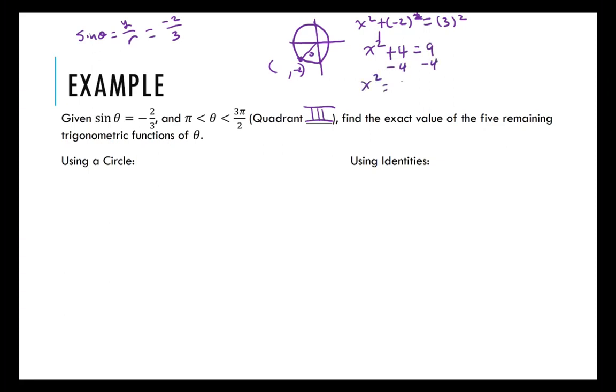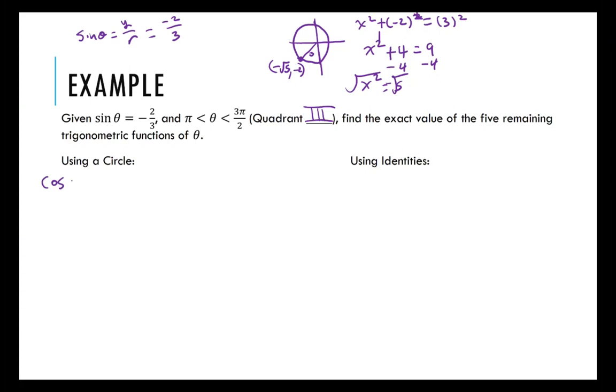X squared is equal to 5. Take the square root of both sides. That's negative root 5, because specifically we know our x's are negative. So you have to make sure you understand that when we take the square root of a square, you've got to have the discussion, is it positive or negative? Alright, so then, using our circle and our definitions, we've now got everything else.